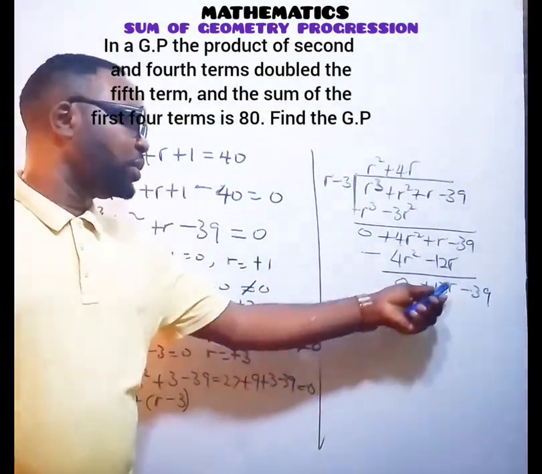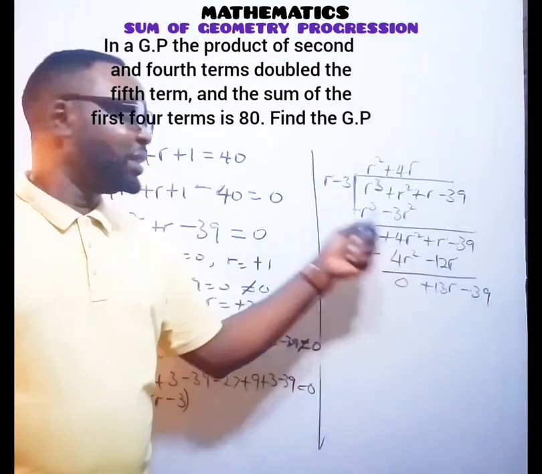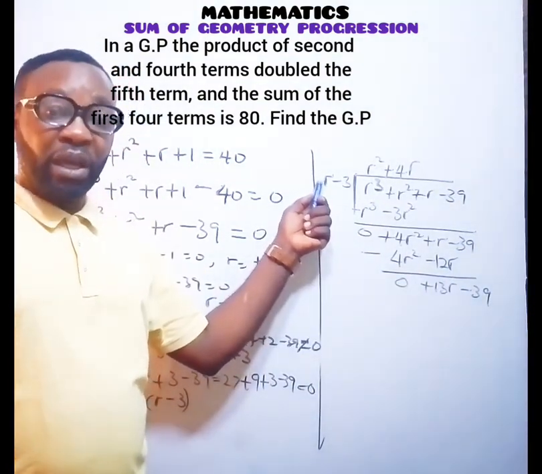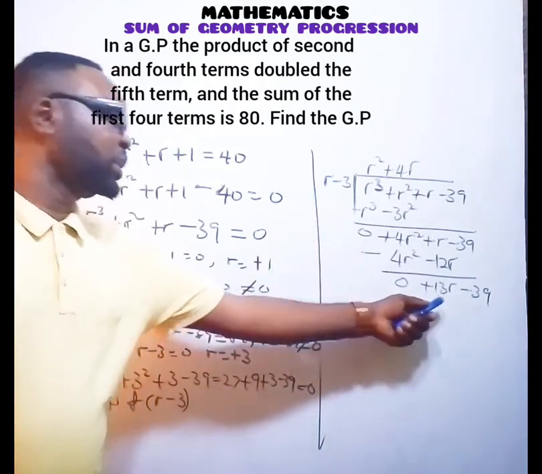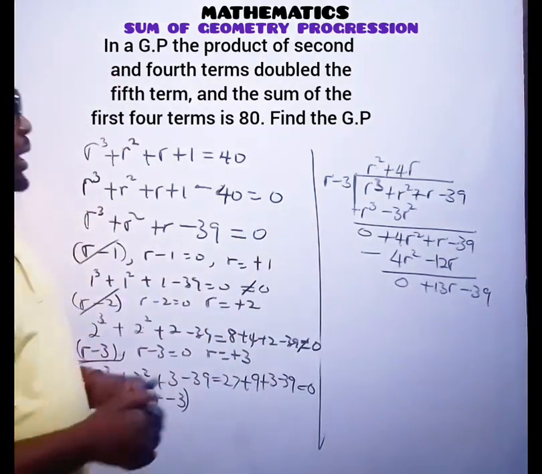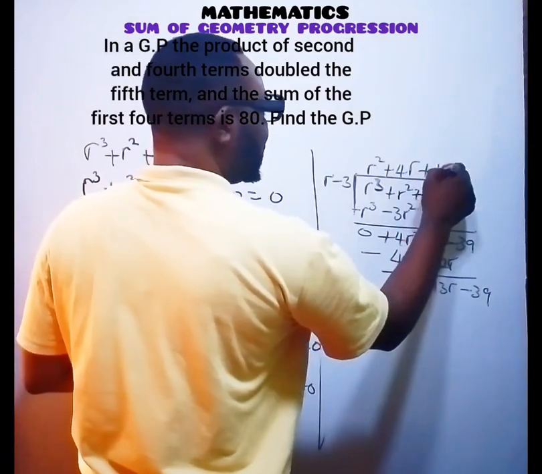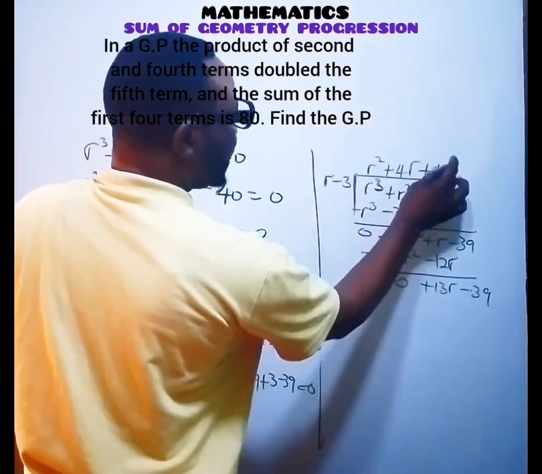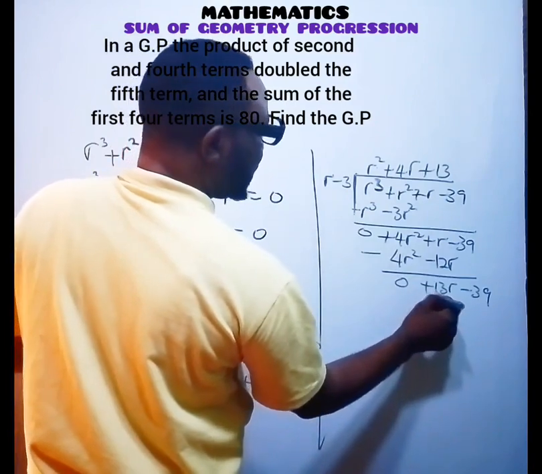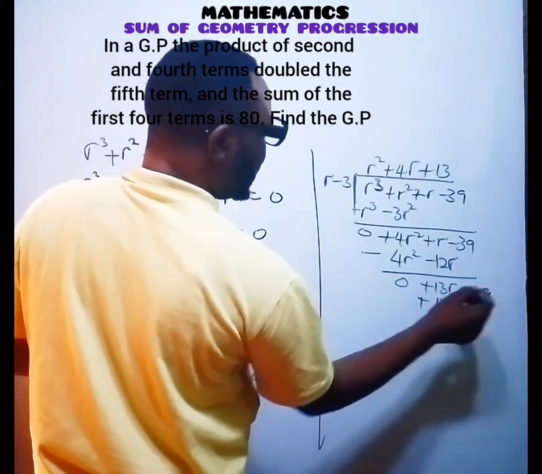But if the power of r is less than the power of the divisor's r, we cannot go ahead with the division. 13r divided by r will be equal to plus 13. So 13 multiplied by r, that's 13r.